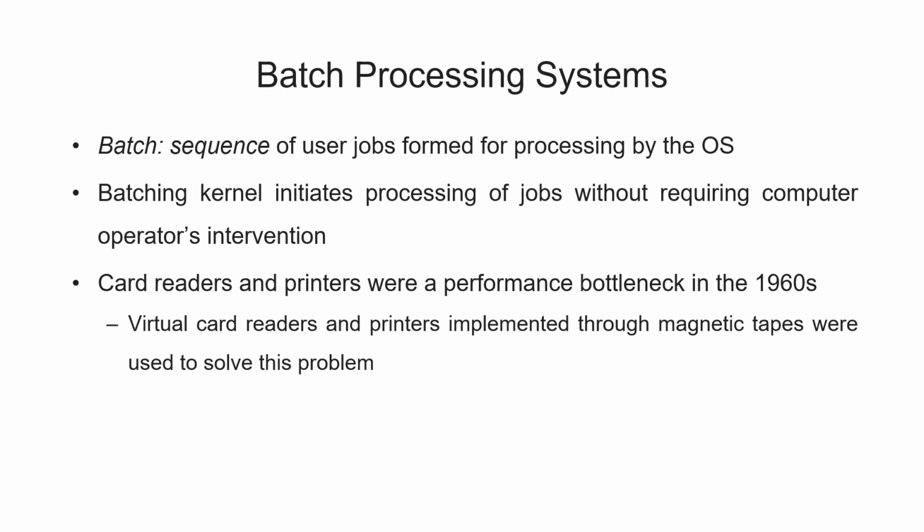To avoid this CPU idle time, batching kernels, the batch processing systems, were created. Here a group of jobs are combined together to form a batch, and the operator inserts the batch into the computer.